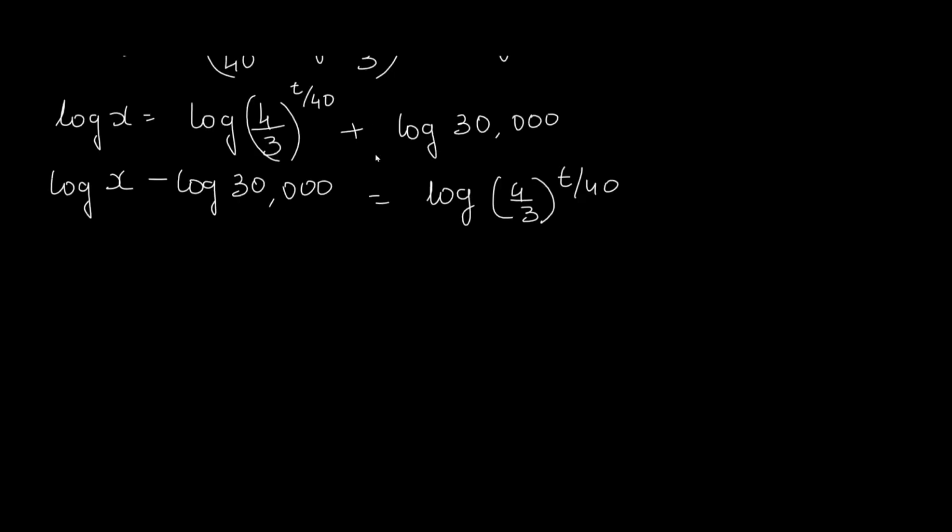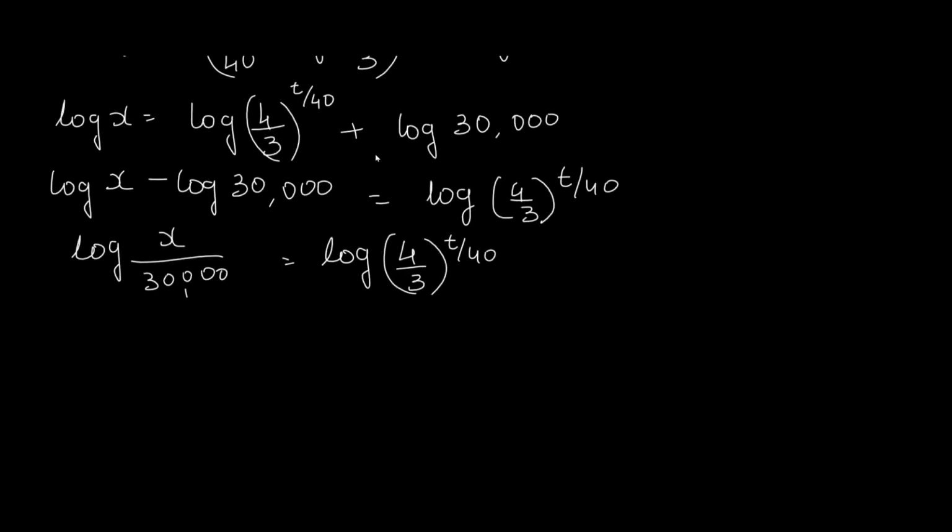And then now we combine both the logs on the LHS. So we get log x upon 30,000 is equal to, the RHS remains the same, now we can remove both the logs. So therefore we get x upon 30,000 is equal to 4 upon 3 raised to t by 40.